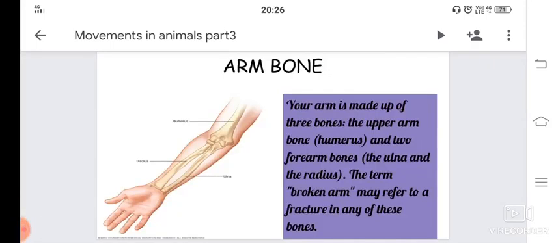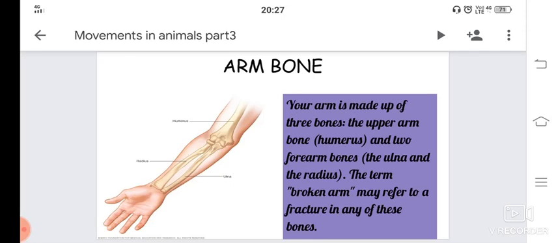Here we have the arm bone. Arms help to make the movement of our hands. These arms are also made up of 3 bones: the upper arm bone, the humerus, and 2 forearm bones. The upper bone is below the shoulder, and then we have 2 forearm bones.